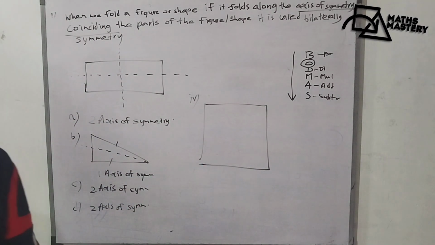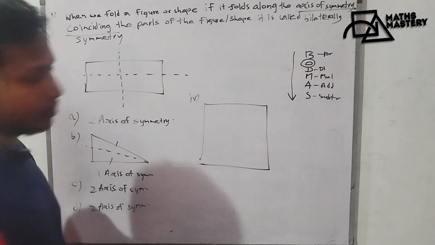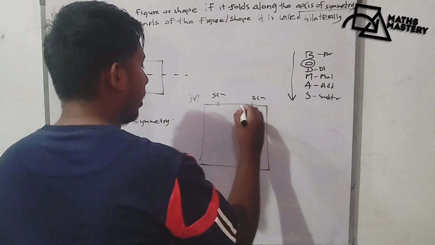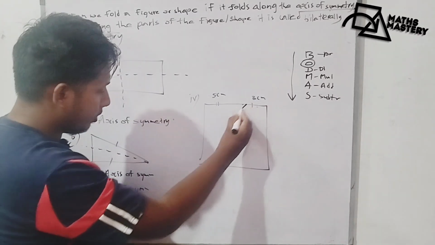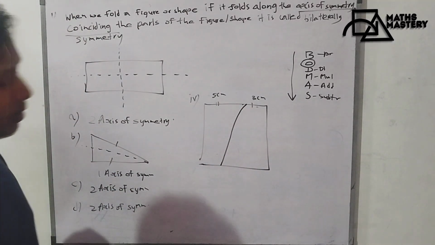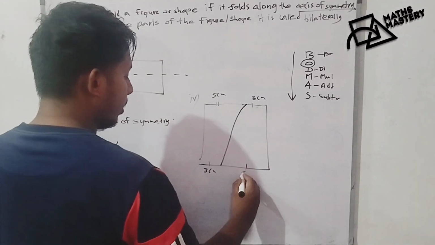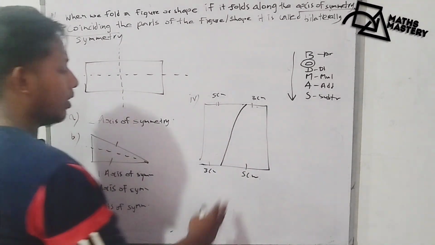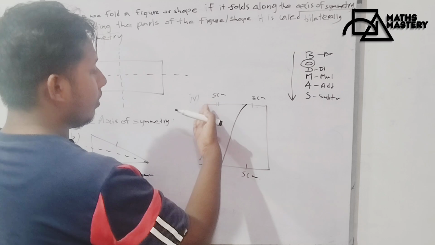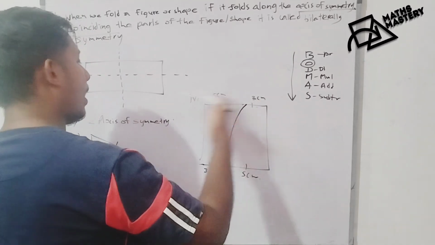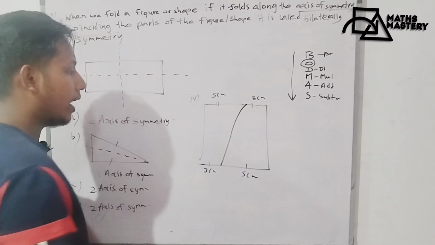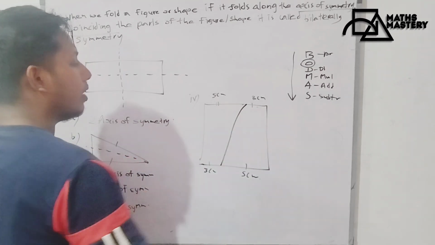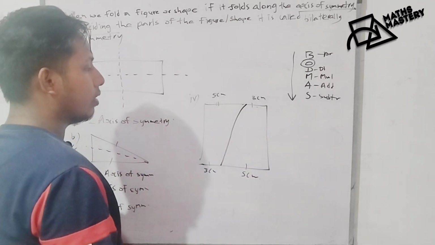This is the figure they have given, and this is 5 centimeters, and this is 3 centimeters, and a line is drawn from here to here down, and this is 3 centimeters and this is 5 centimeters. Now obviously, students, this is the shape of a rectangle, right? But these two side lengths, they have not given respective lengths.